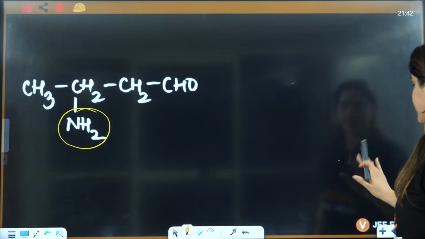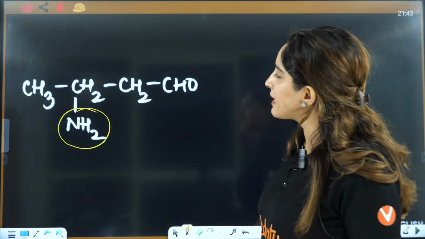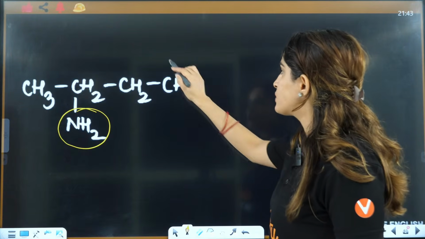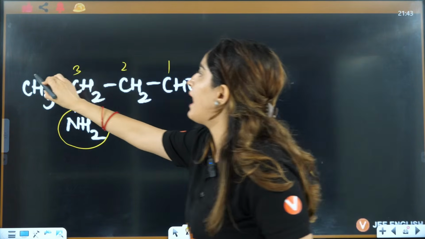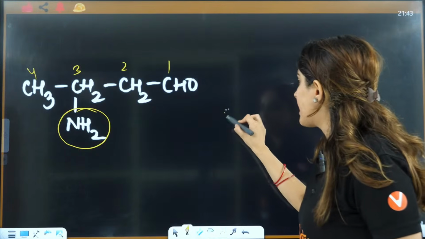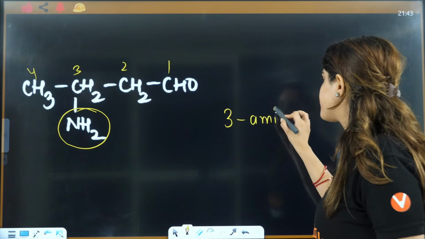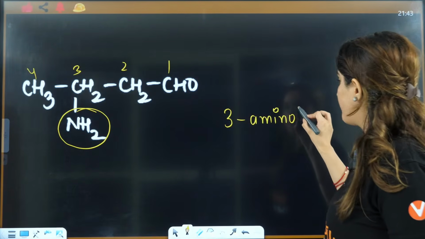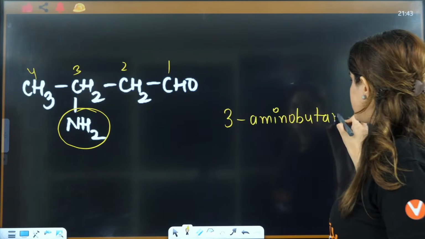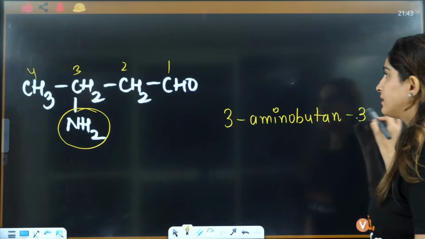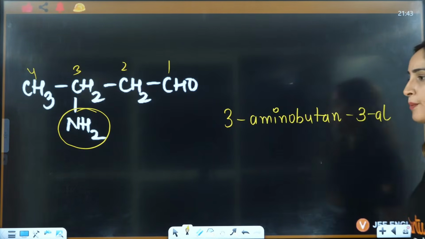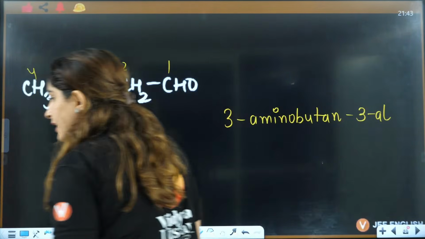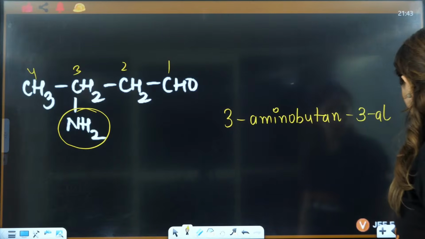This is NH2, and numbered 1, 2, 3 and 4, it will be written as 3-amino, butane-1-al. CHO has more priority, so 3-aminobutanal, very good.